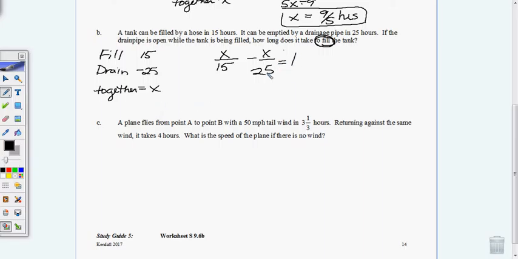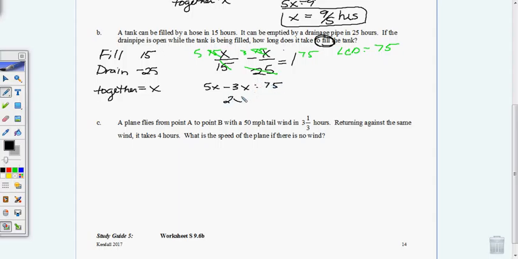So think about 25, 50, 75. I believe my LCD in this case would be 75. Both of those numbers can go into it. 75, 75, 75. Goes in there 5 times and 3 times. And I'm left with 5x minus 3x equals 75.